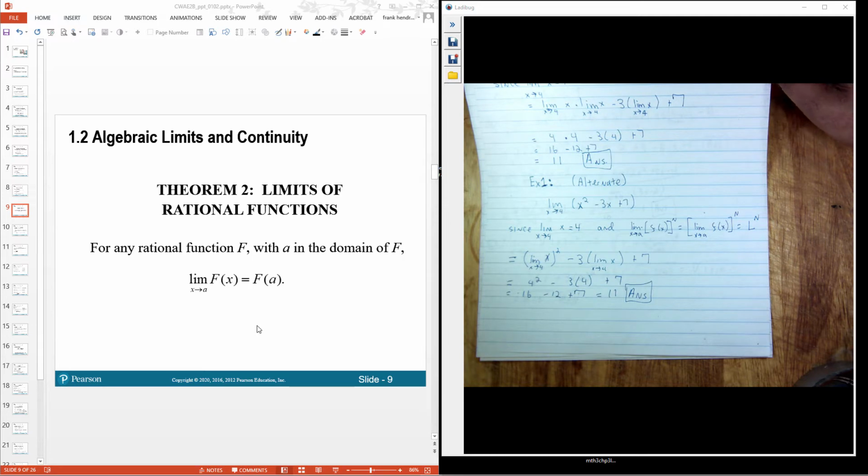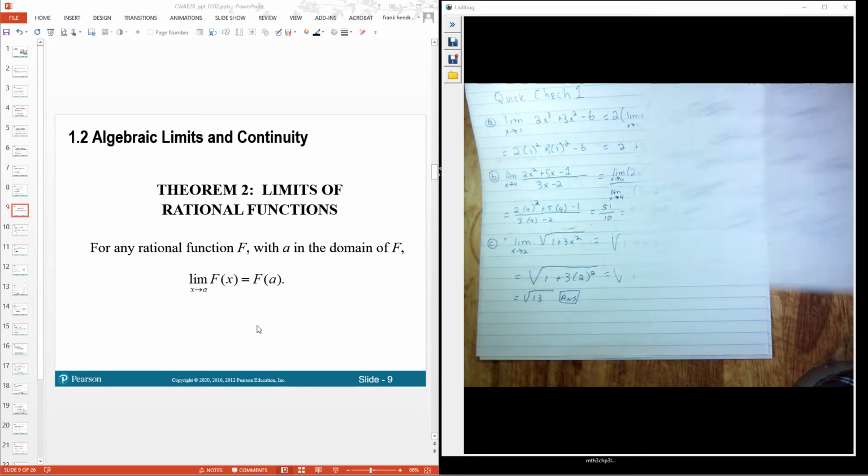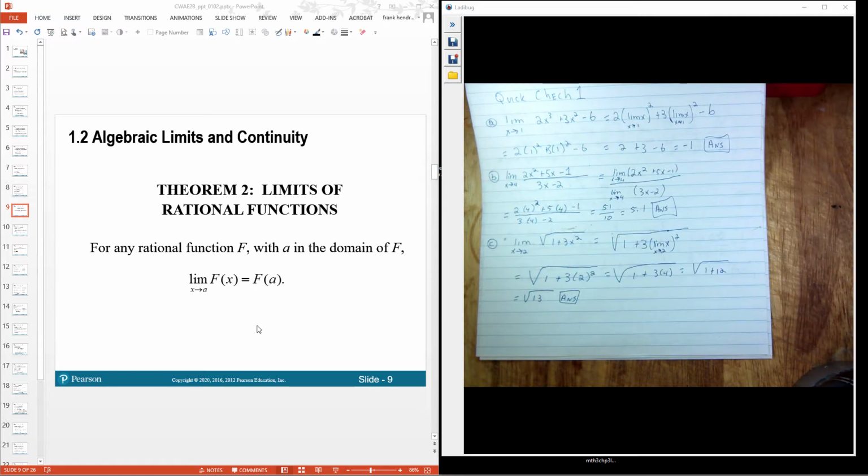Limits of rational functions. For any rational function f with a in the domain of f, the limit of that function is f of a, whatever that approaches.